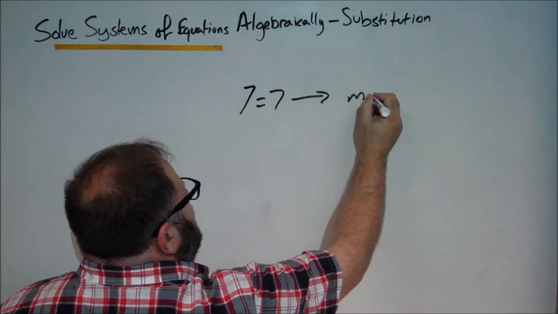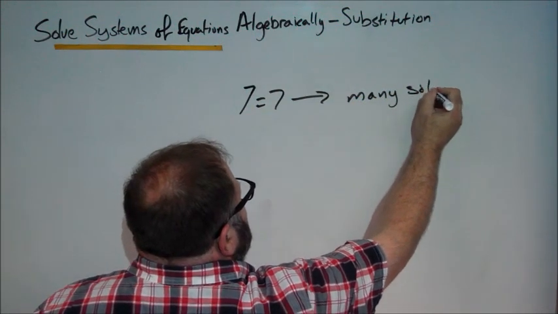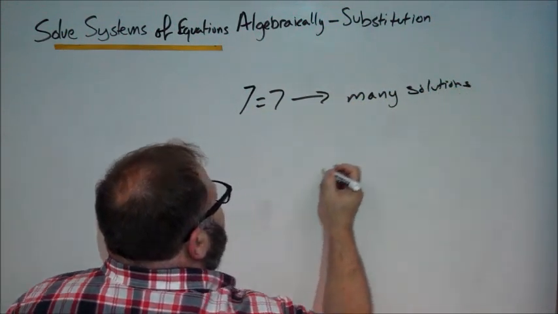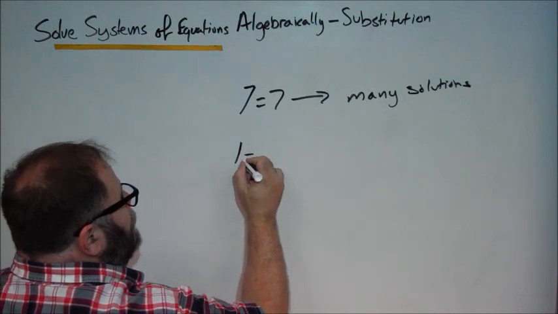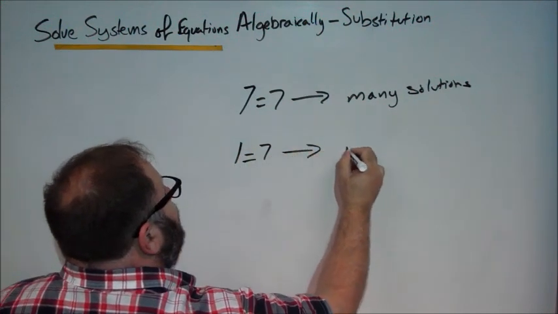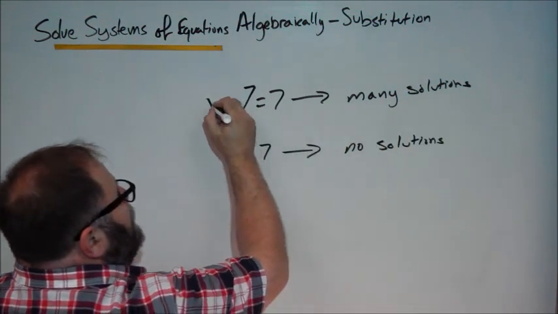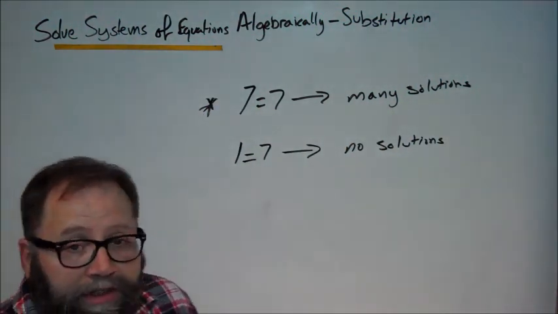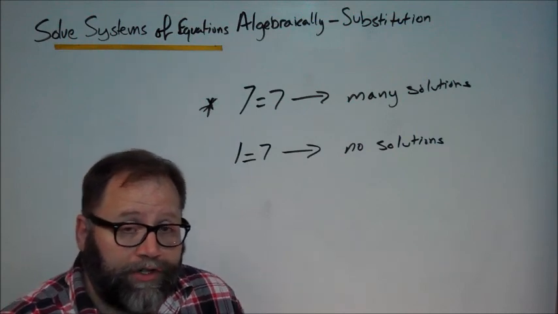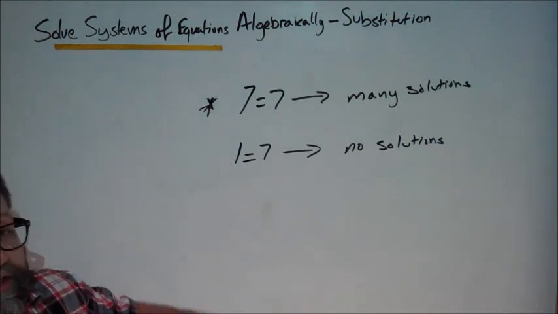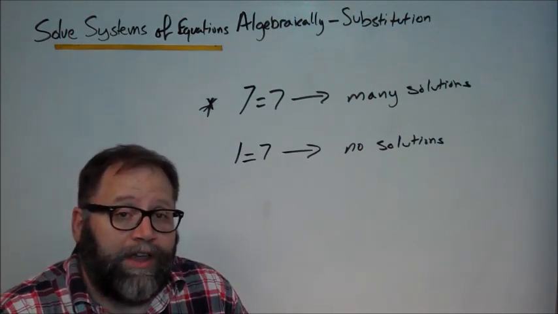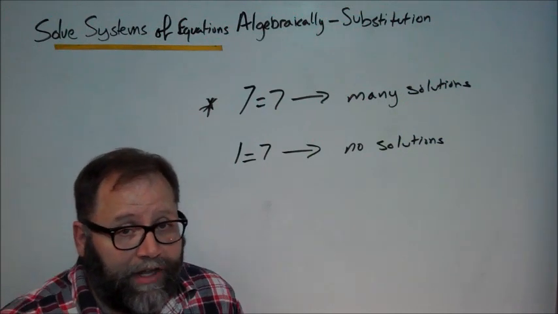What we know then is that we have many solutions. This would indicate that we have the same line, just two different versions of it. If we end up with something like 1 equals 7, then we have no solution. This would tell us that there's no solution, which means we have parallel lines and they will never intersect.